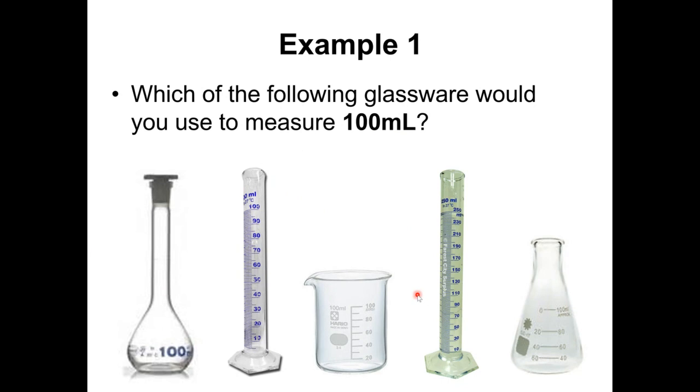You would never ever use a beaker or an Erlenmeyer flask to make a solution. It will be a huge error that gets introduced there. Here you're talking about 5% error. So if you measure 100, it could be anything between 105 to 95 milliliters. So huge error they're adding there.